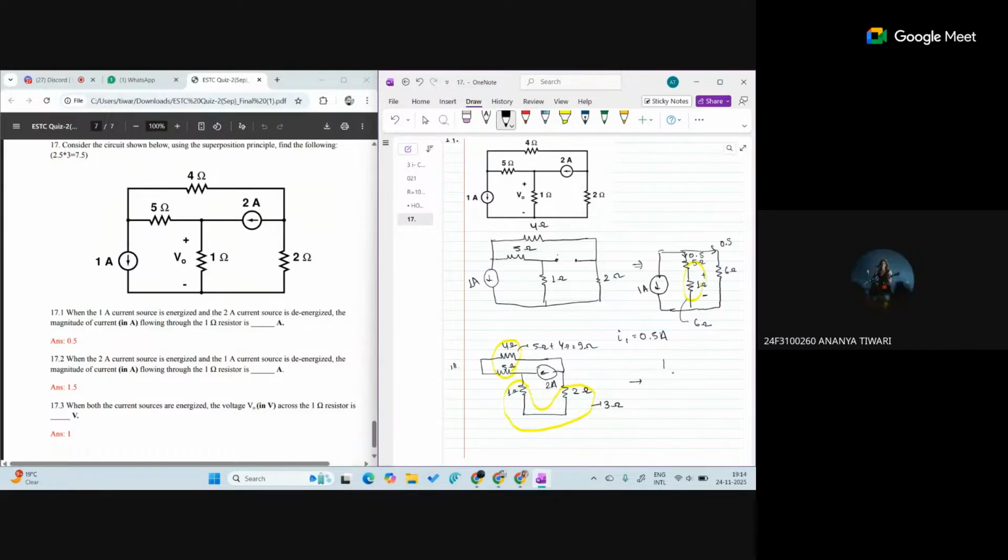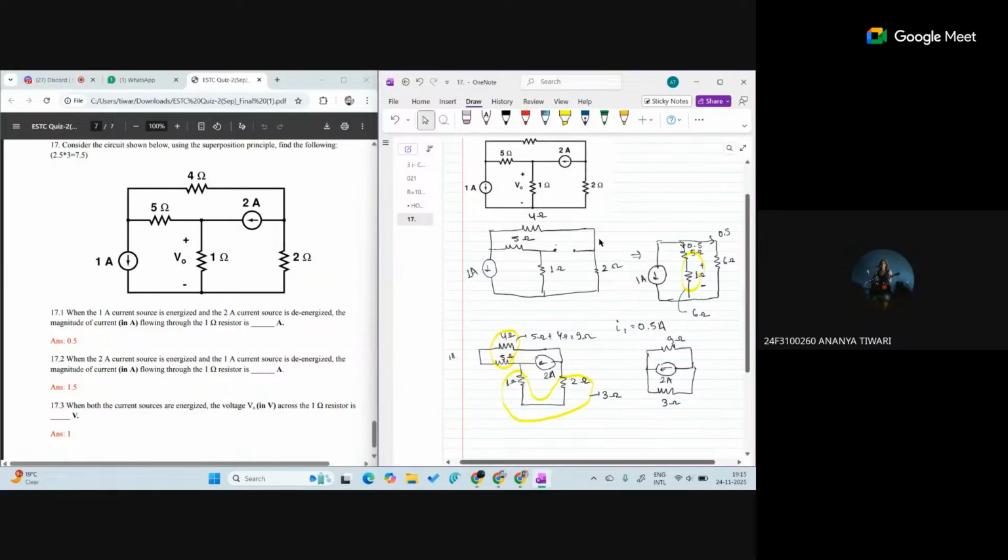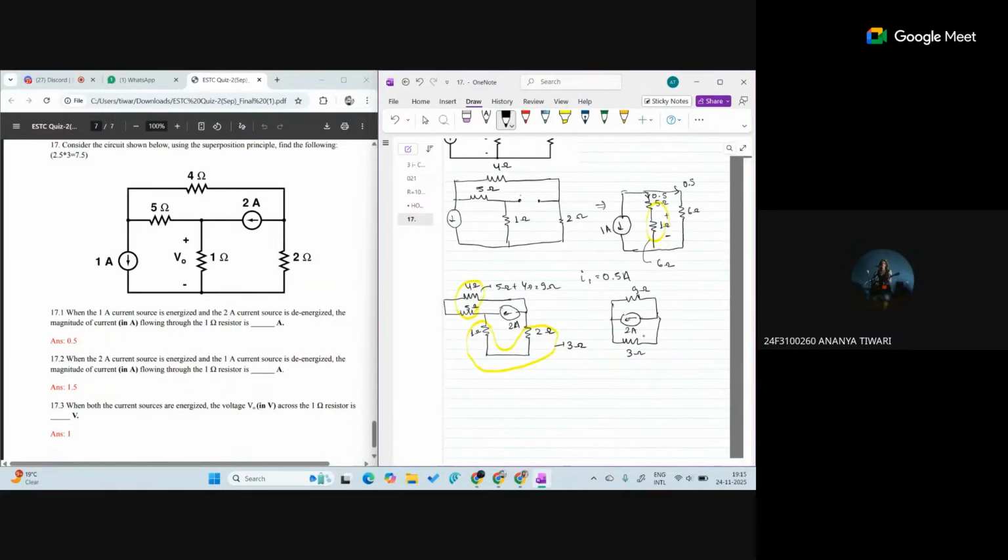So we can directly write it. Just, ma'am, we had to find the current using the current dividing rule. How can we do that? Give me a minute. Okay, so we can find that point A and point B are connected in parallel, 9 ohm and 3 ohm. We can now apply the current divider formula.